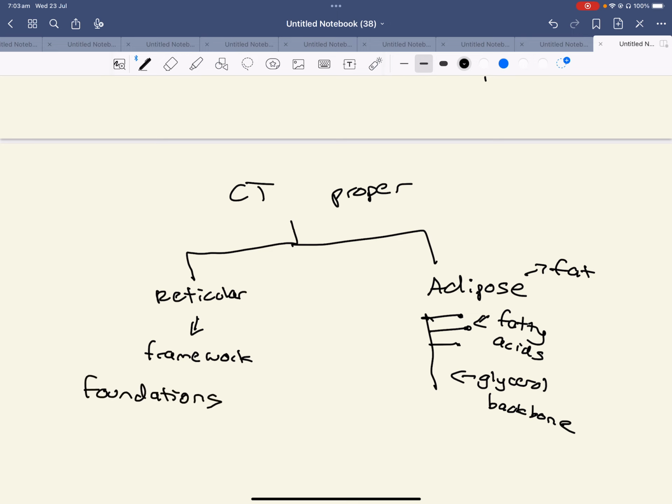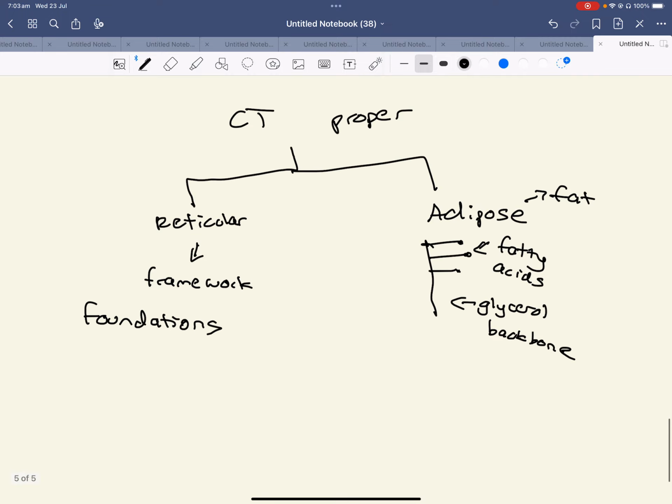Foundations, right? And the reticular would be a part of the liver. It would be the foundation of the liver as an organ. So the liver is made of reticular tissue. So it acts as a sort of foundation, something to build off, because there are multiple different types of cells within the liver. But the reticular acts as that architectural framework.